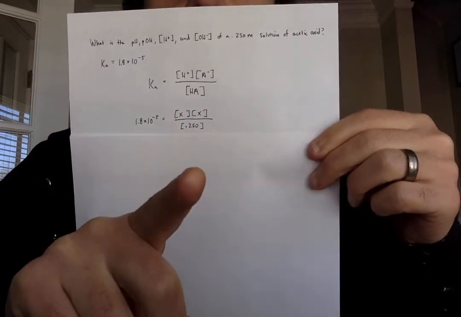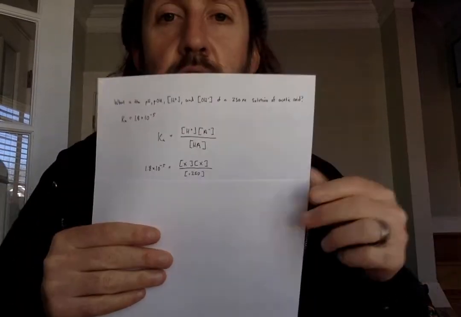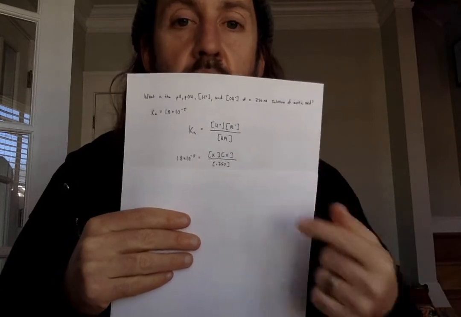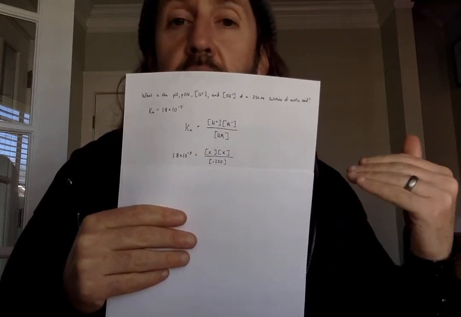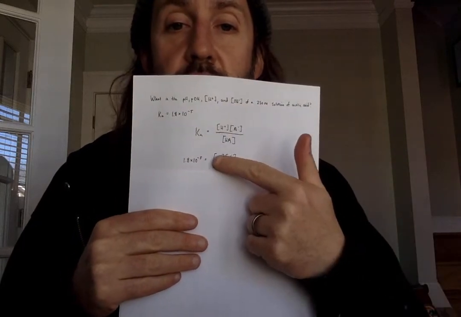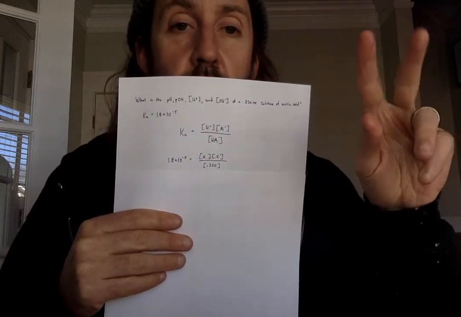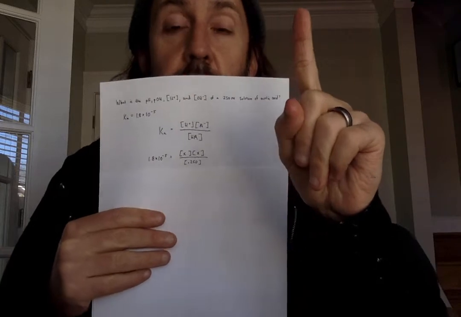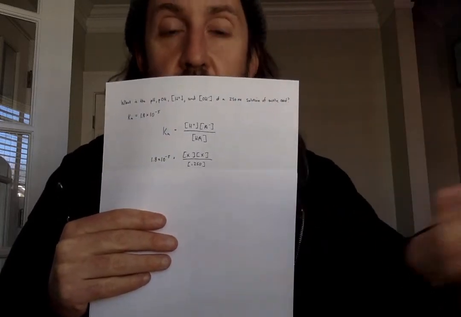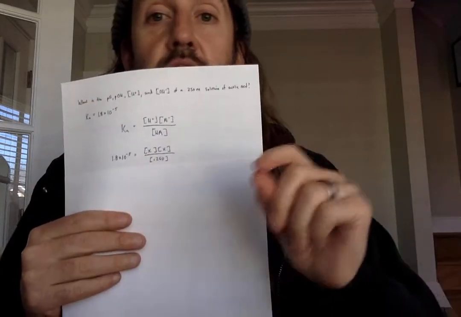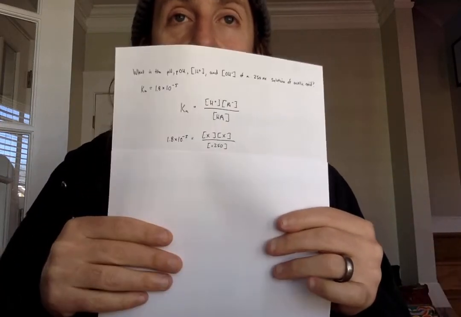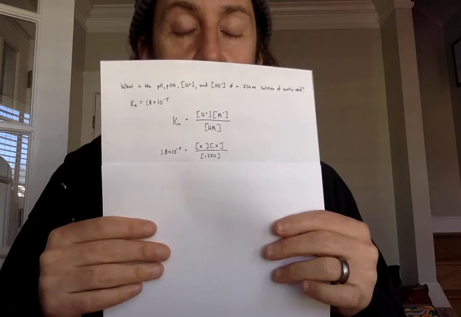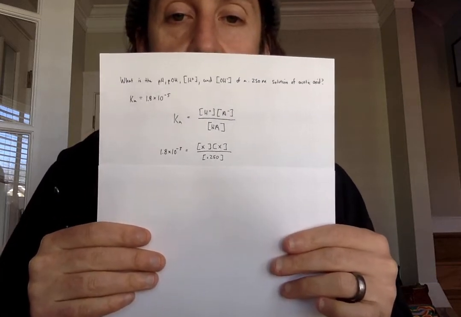That's something you need to remember. You'll never be doing this for a 2-to-1 where you would have to worry about squares or anything like that. Ka and Kb are always just one hydrogen being either accepted or transferred off. Since it's always just one, it's always going to look like this, okay? There's never the 4x cubed variation or anything.